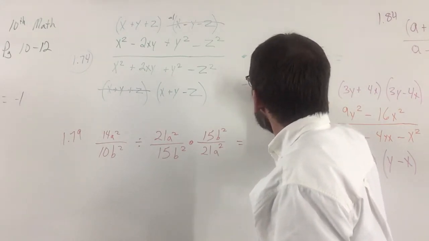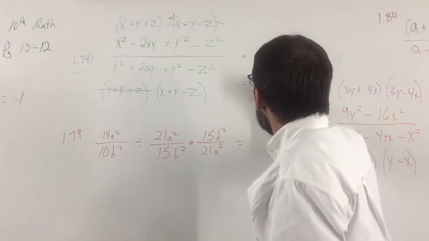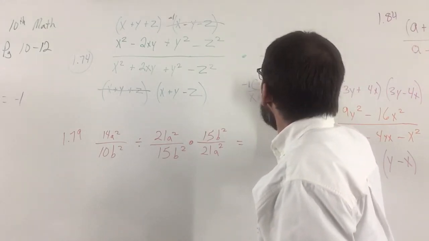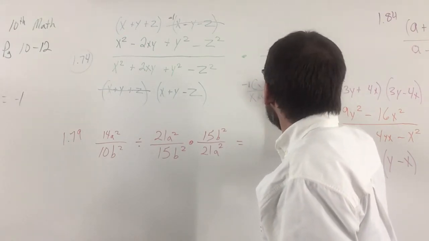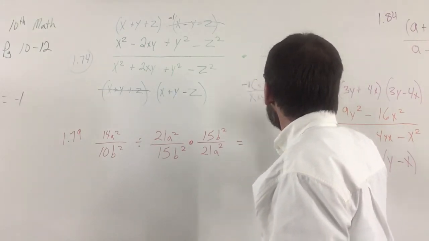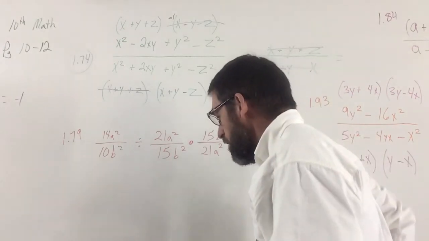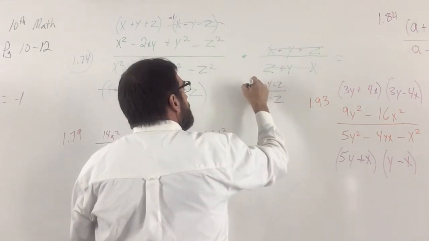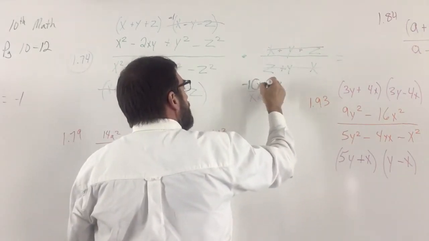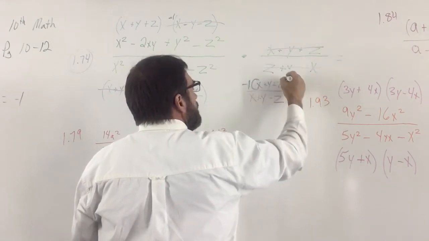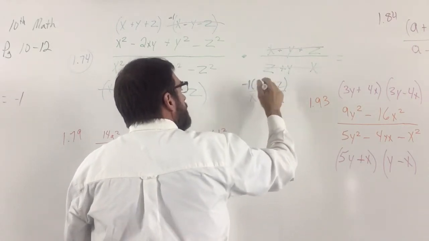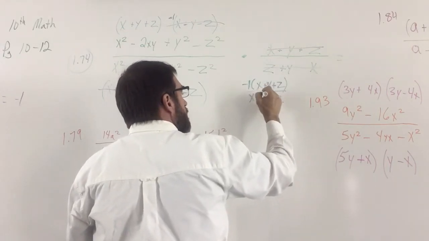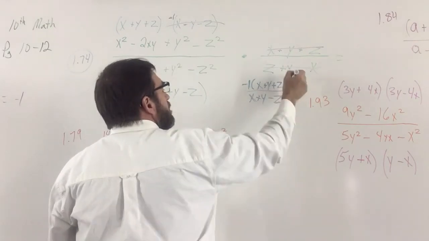And the top answer is negative 1 times the quantity x plus y plus z, over x plus y minus z. That's my answer. I'm just about out of marker there again.